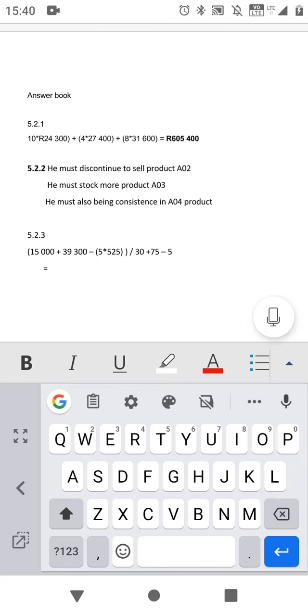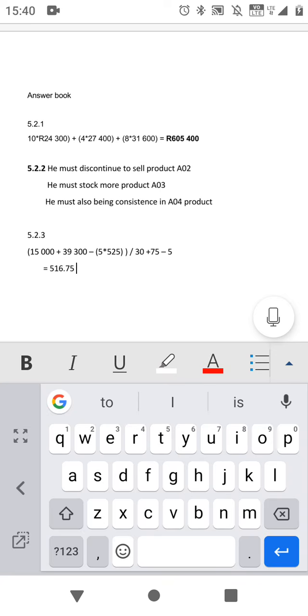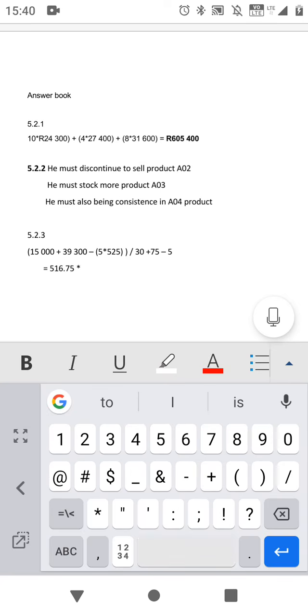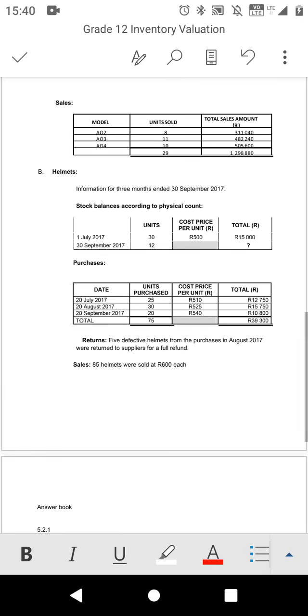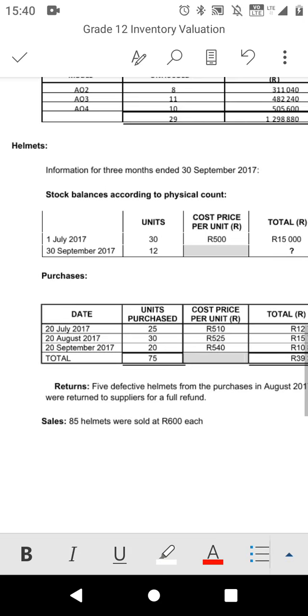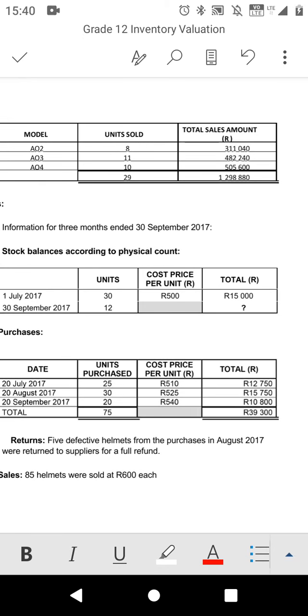Let's calculate this one. Then it will give us 516,75. This is the average price. We have to multiply by the remaining units at the end of the year. Let's go back and check what we are given. Yes, we have been given 30 September 2017, with 12 units as the closing balance.